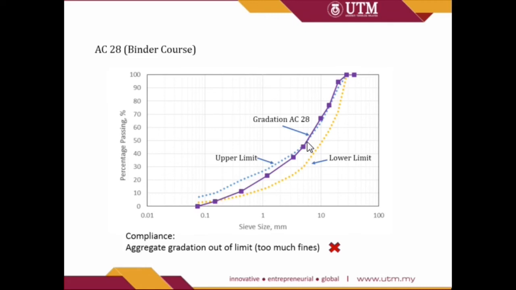It can be seen that the result is out of limit, particularly for the upper limit. This can be concluded that the asphalt mixture contains too much fine and should be reduced during the blending. Therefore, the aggregate gradation is not compliant with the standard.